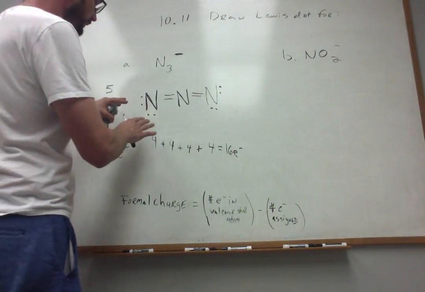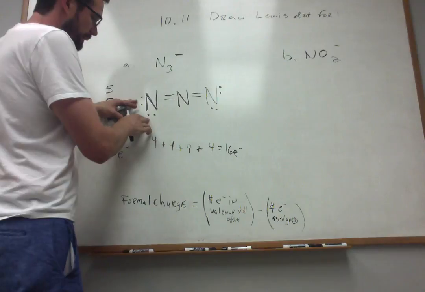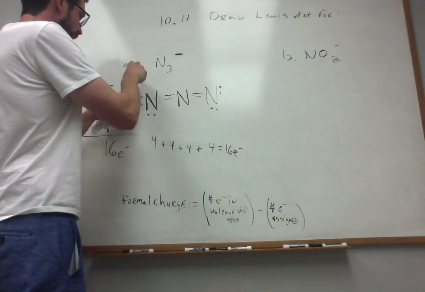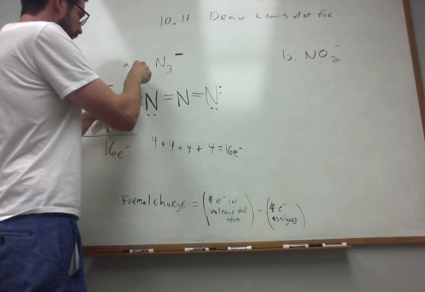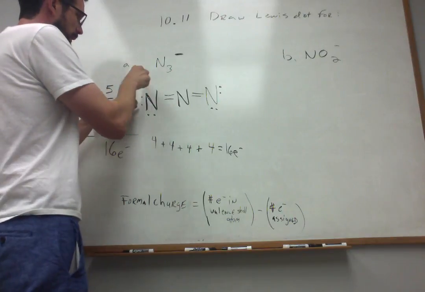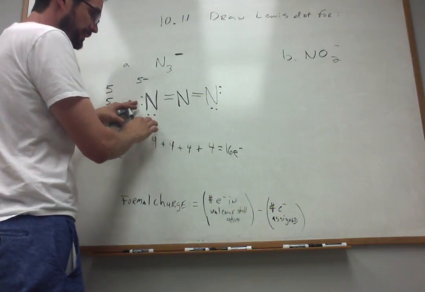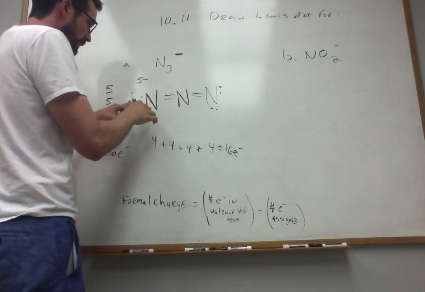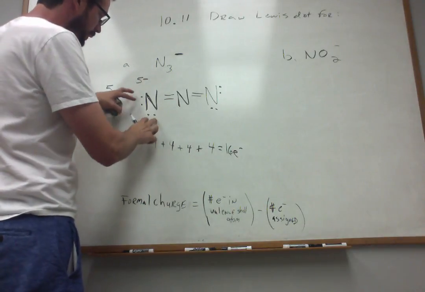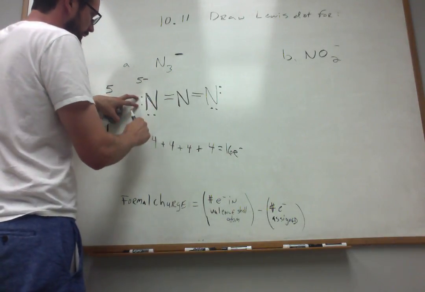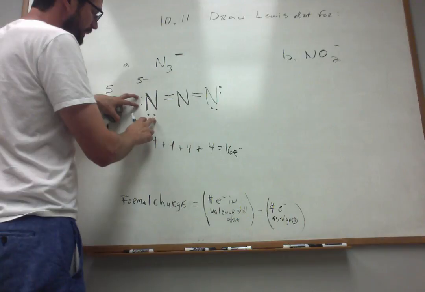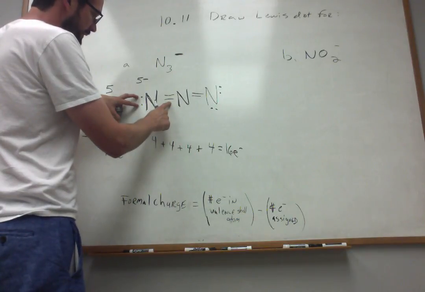So for this nitrogen right here, nitrogen always has 5 electrons assigned to it in the periodic table. Now I have to subtract how many are assigned to it in the actual structure. So 1, 2, 3, 4, these lone pair electrons belong to this nitrogen, and then it participates in sharing these.